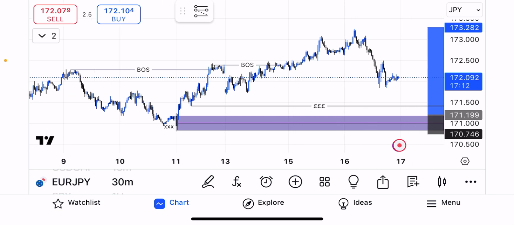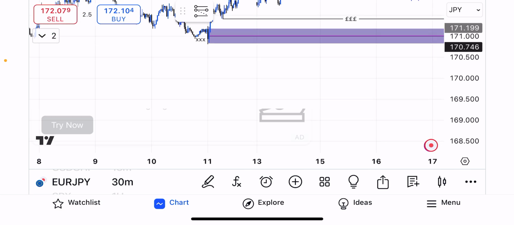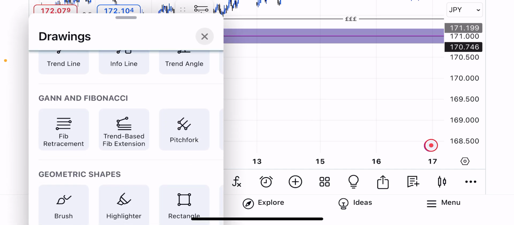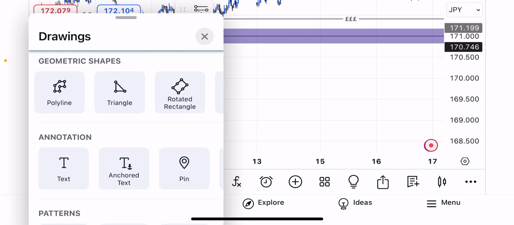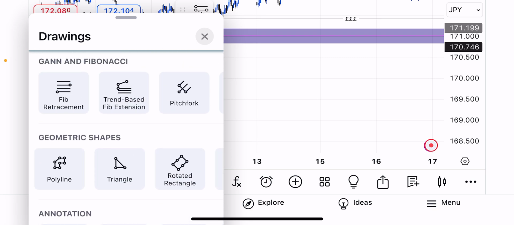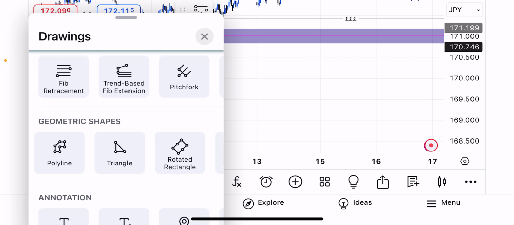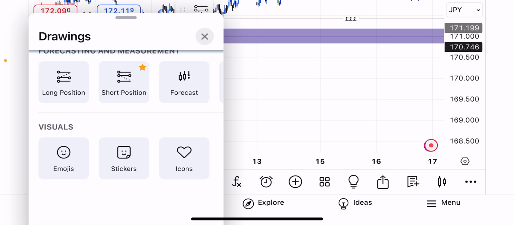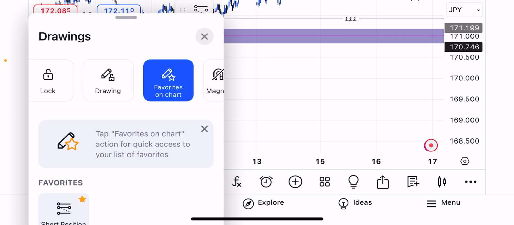Okay, so now let me scroll up. So note, in the advanced SMC strategy where we trade with the structural liquidity, what are we looking for? We are looking for what? Why can't I find it again?